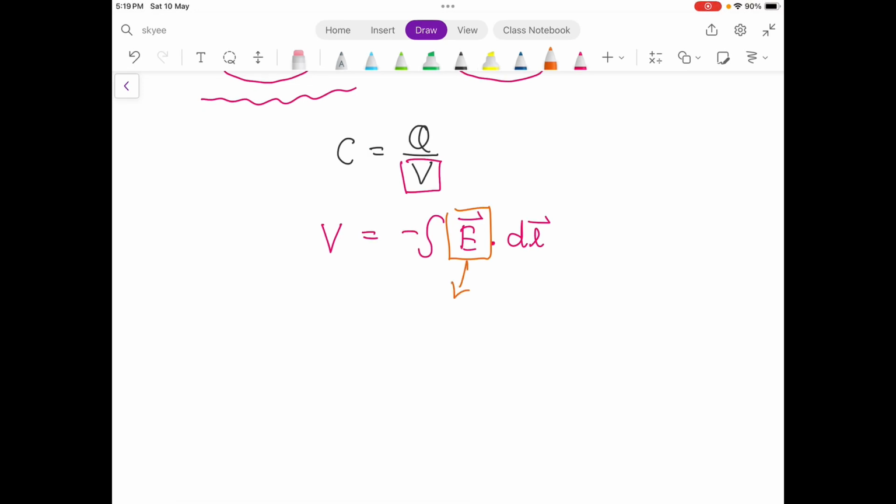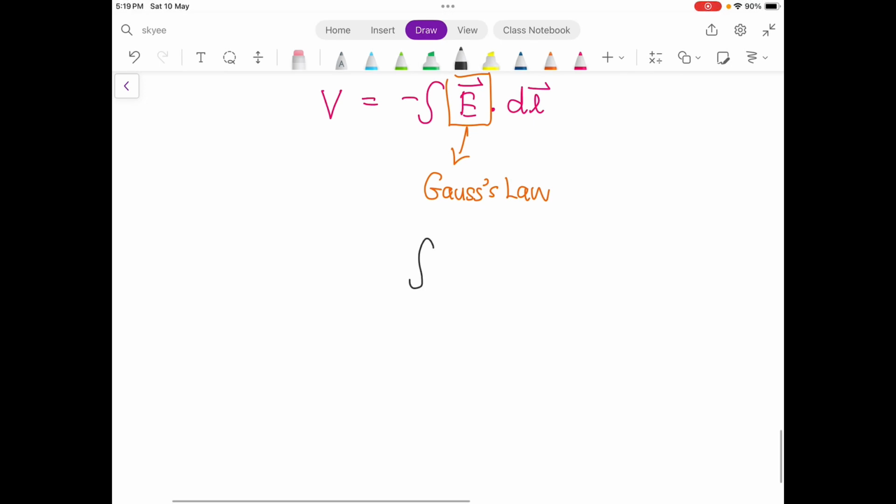We can find it by using Gauss's law. Gauss's law says that the flux coming out from the Gaussian surface will be equal to the total charge enclosed by the Gaussian surface.